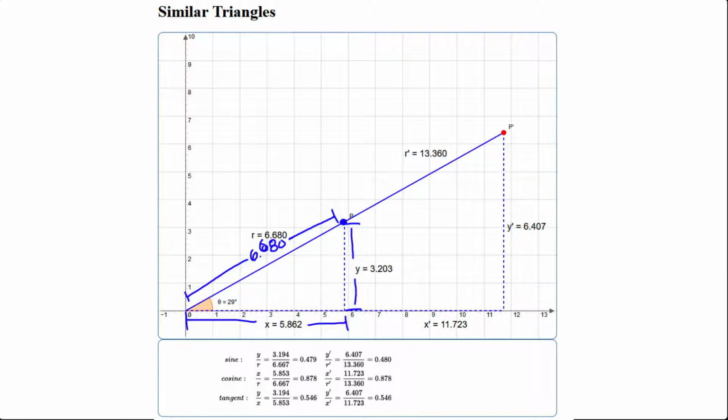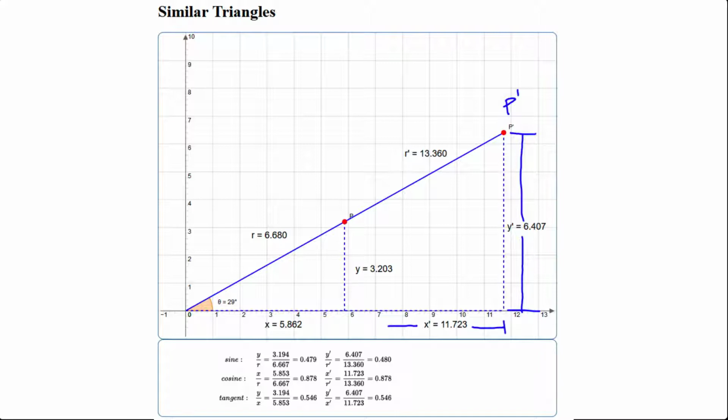So these are the lengths of the sides of that triangle based off of point P. The lengths of the sides of the triangle based off of point P prime start with y prime, which is this distance this way. The x prime is actually the distance all the way down to the origin. The way I've drawn it, it looks like it's just from here over to here, but that's not the case. I mean for it to measure all the way across back to the origin. And similarly for the radius, this radius is all the way back to the origin, so that's the variable r.